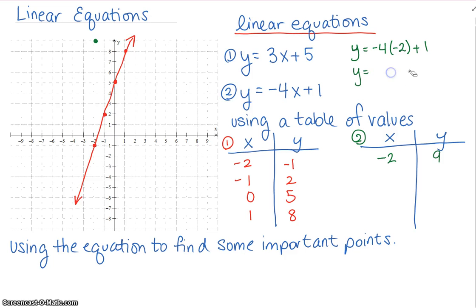If I do the same idea, but this time I plug in negative 1, now I get 4 plus 1, which will give me 5. So at negative 1, I will have a point here at 5. If I plug in 0, I get 0 plus 1, so I get just 1.